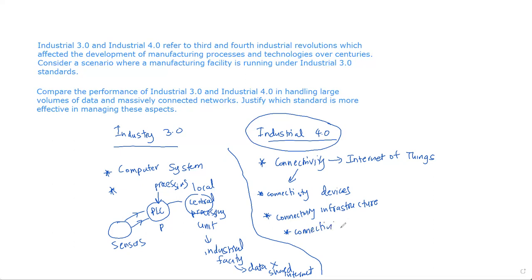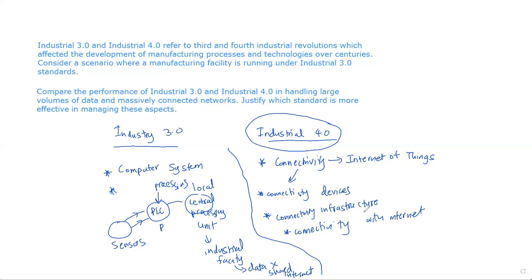So connectivity with the internet is also available. Therefore, in Industry 4.0, the data is communicated through the internet to a remote location where the data is processed and stored, and analyzed, and large amounts of data can be managed.